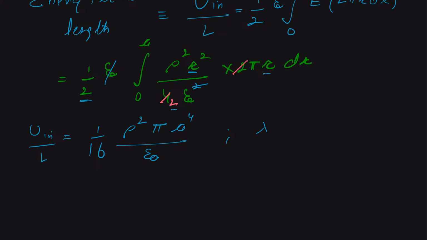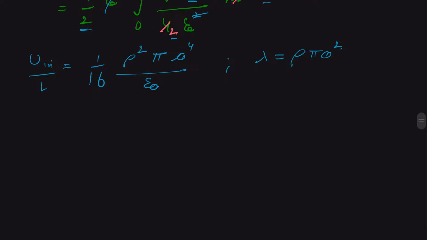But we also know that our lambda is equal to rho pi a square, so we can simply substitute it. We get the energy inside the cylinder per unit length will be equal to lambda square over 16 pi epsilon naught.